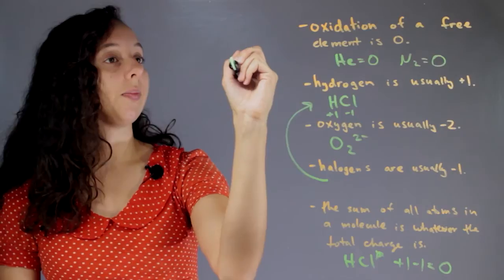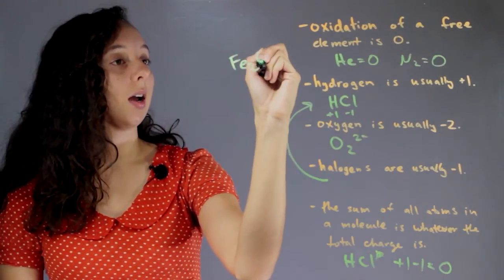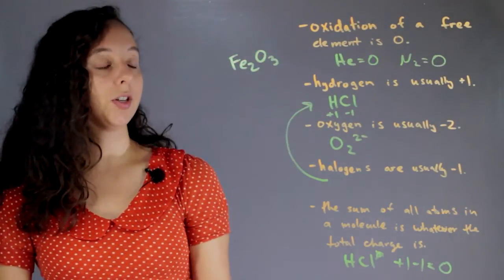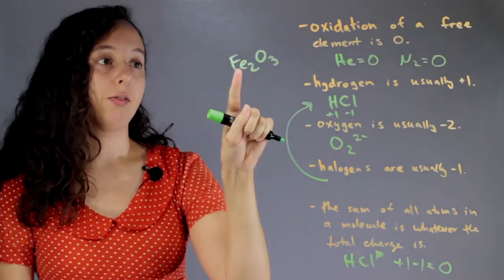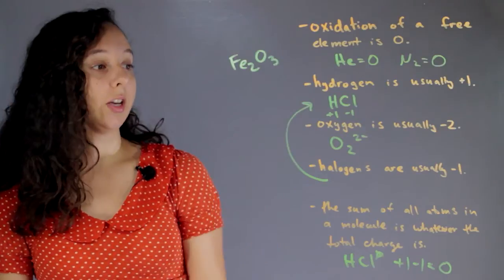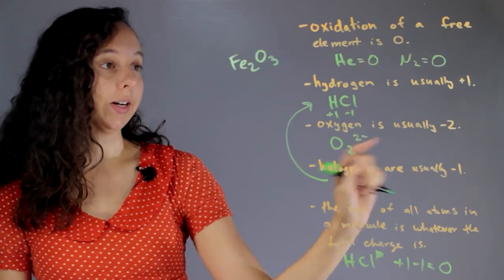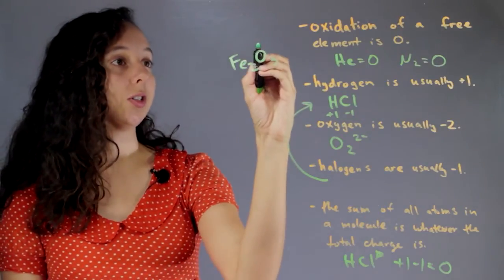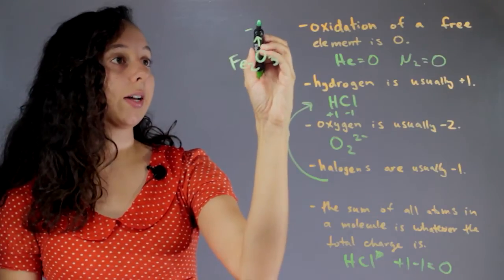So 1 is iron oxide. So remember, iron isn't in any of our rules. So let's start with oxygen, which is, well, there's 3 oxygens, and we know that each oxygen is going to be -2. So this means that oxygens in total are -6.